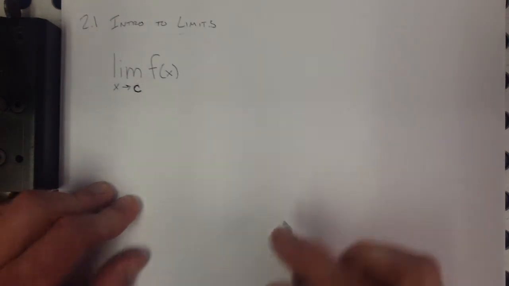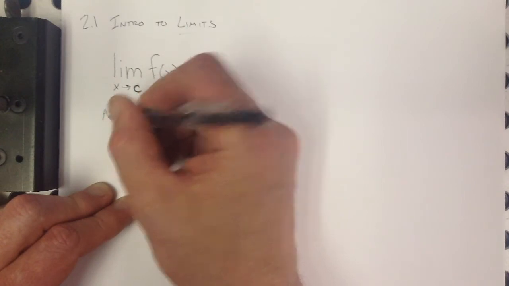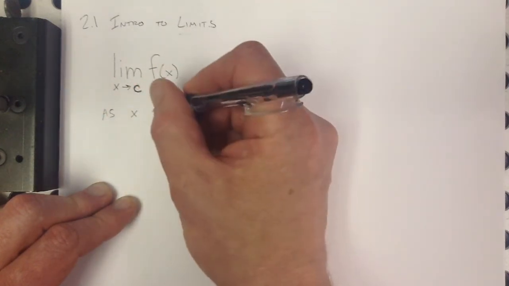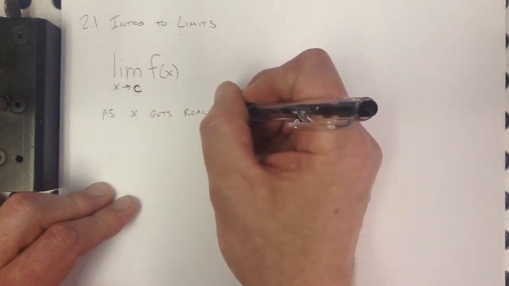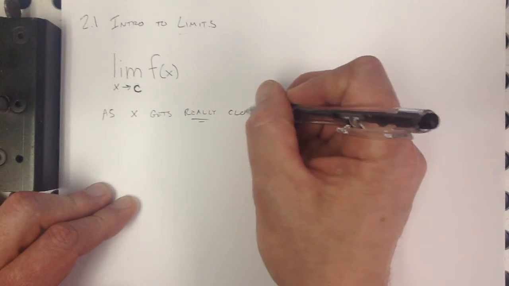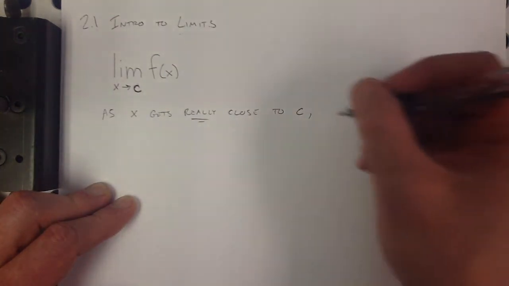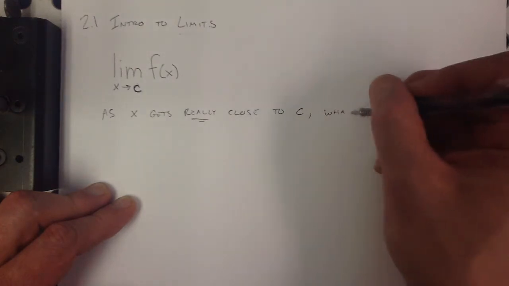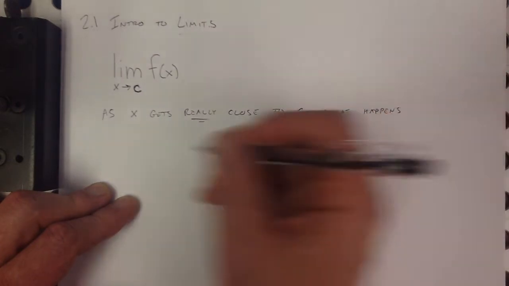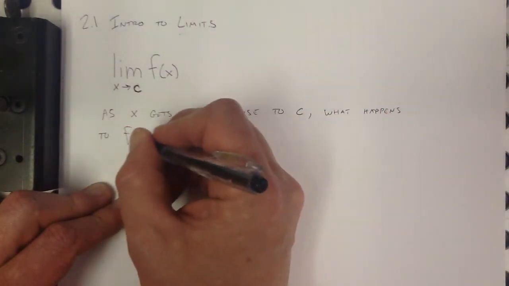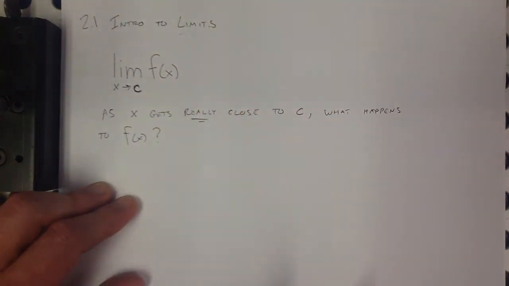What does this mean? This means as x gets really close to c, what happens to f of x? And the answer to that question is what this limit is equal to.